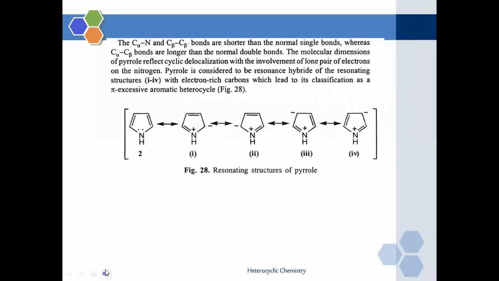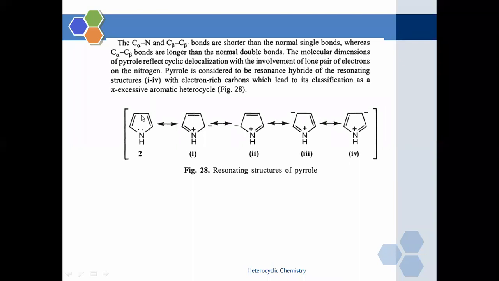Now this pyrrole system will give resonance in its structure. The bond length between the carbon and nitrogen atom is much less because nitrogen is more electronegative. So the bond length between carbon and nitrogen is less as compared to the carbon-carbon bonds. The bond lengths between carbon and nitrogen and the carbon-carbon at the 3 and 4 positions are less when we compare them with the second and third, and fourth and fifth carbon atoms.